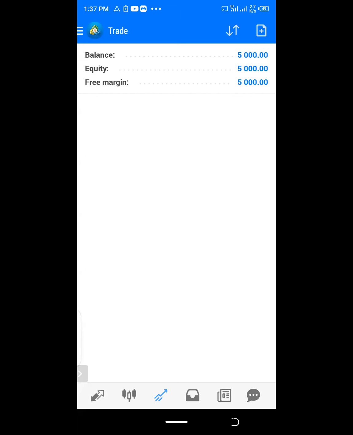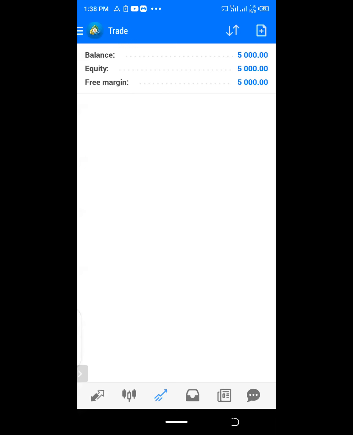Now the margin, guys. Anytime you are trading, please ensure that your margin level does not go below 100.